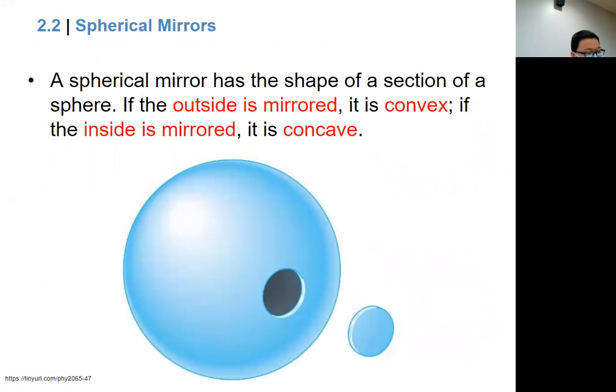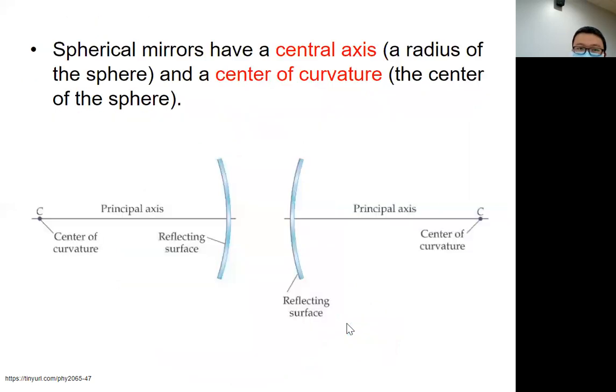We also took a look at spherical mirrors. You can make spherical mirrors by cutting a small piece out of a sphere and making one side of it mirrored. If the outside is mirrored, it's called a convex mirror. If the inner side is mirrored, then it's called a concave mirror.